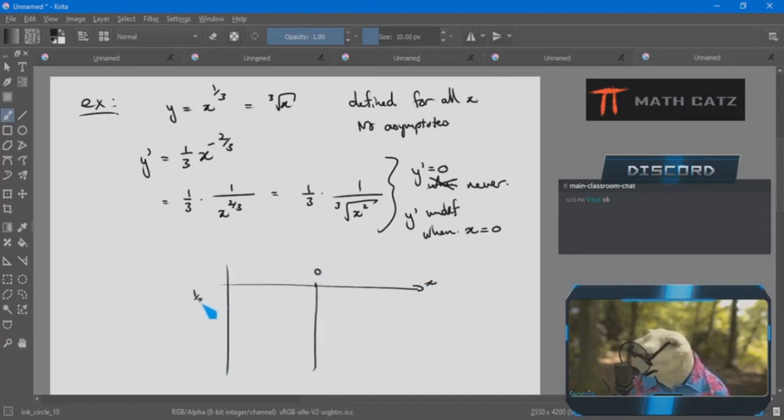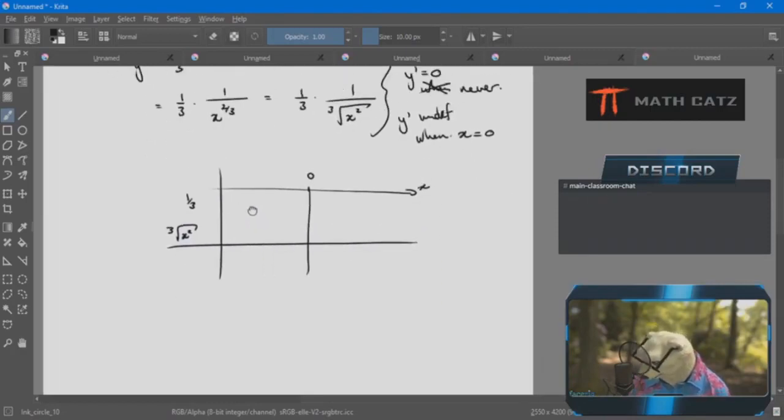Okay. I have a third floating around, and I won't write the 1, of course, that's doing nothing. My cube root of x squared. So the pieces that I have to work with in the case of fraction powers of x look a little different, often. Not always, often.